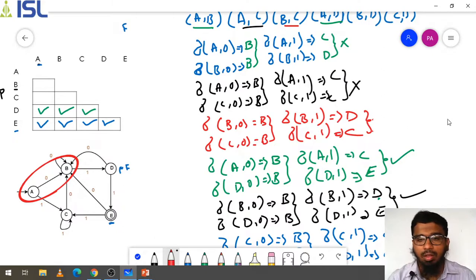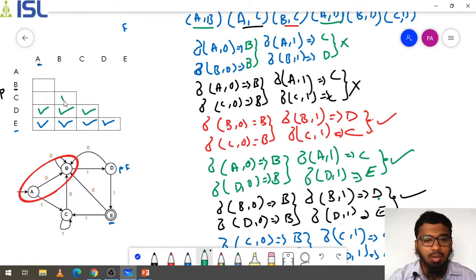That means when we have taken the B and C, we got the answer BC. Next, here also we got the CD. CD is nothing but one is a non-final state and another one is a final state. So this also will be accepted.